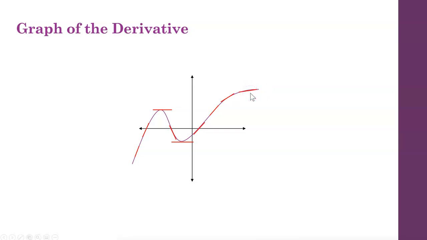So if I want to look and see what the derivative's graph would look like, it would start being positive and kind of larger, and it's going to start getting smaller. So it would start up here and keep getting smaller, and then it will become 0 right here, because right at that point I have a horizontal tangent, so the slope would be 0.